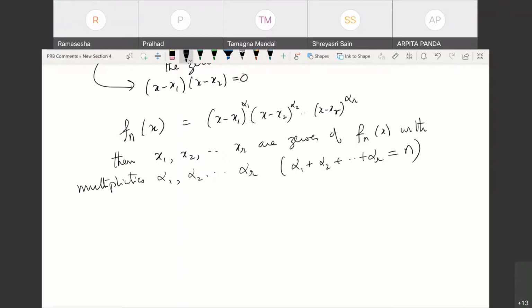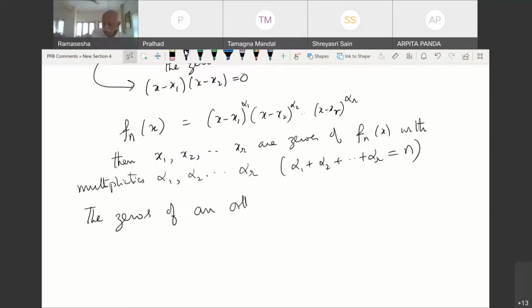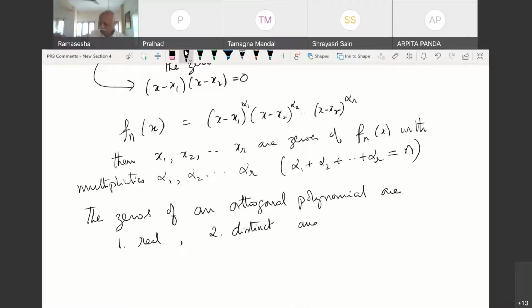So the zeros of an orthogonal polynomial are one, real, two, distinct, and three, lie in the interval a to b.